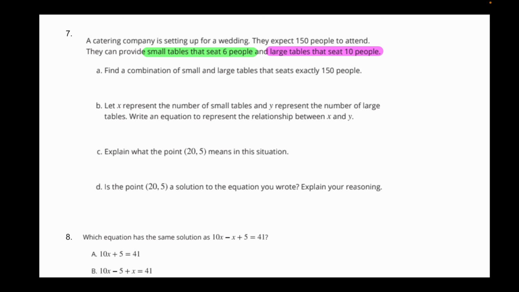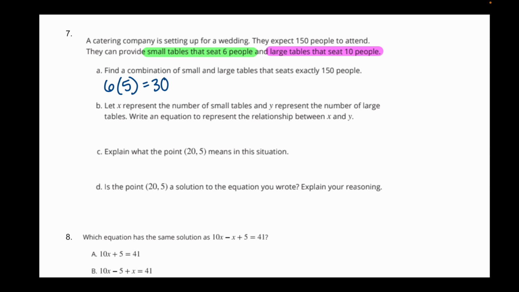So let's think about a strategy for this. Exactly 150 ends in a 0. And 10 people would help us to end in a 0. But really what's going to be a problem is I need somehow 6 to give me a number that ends in 0. So I need a number of tables that would work for 6. So I'm going to start with the number I know that works first, which is 6 times 5. So it's 6 people at each small table, and if I had 5 of those, that would give me 30.